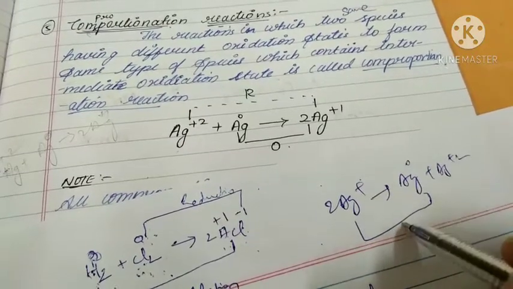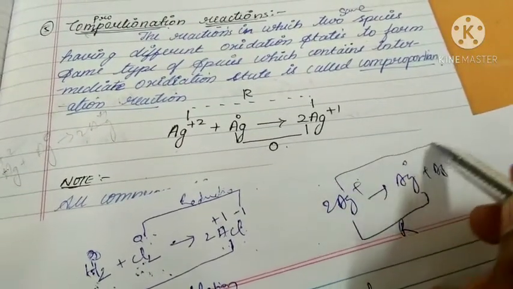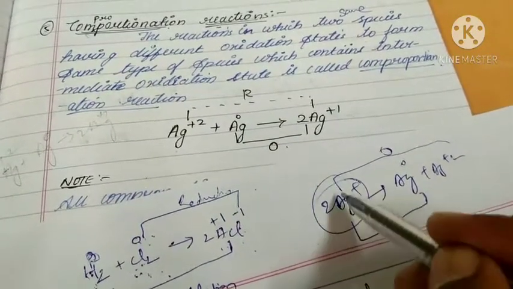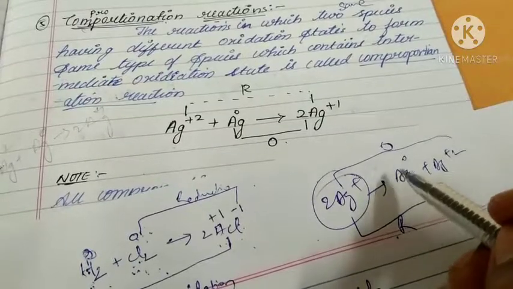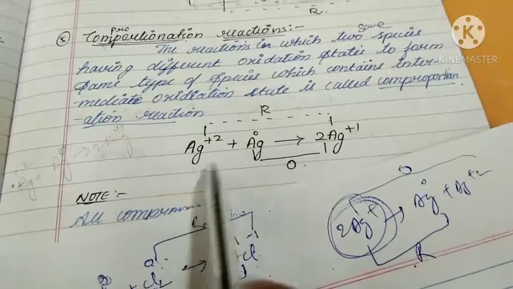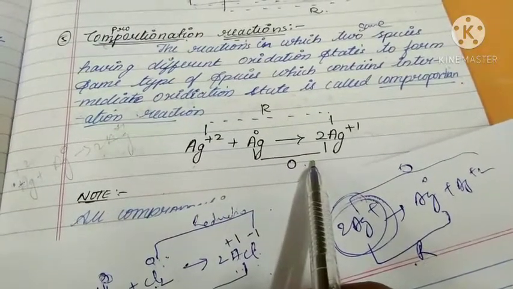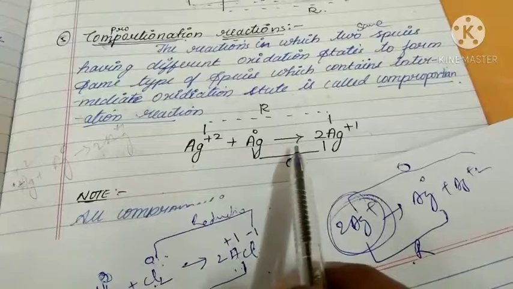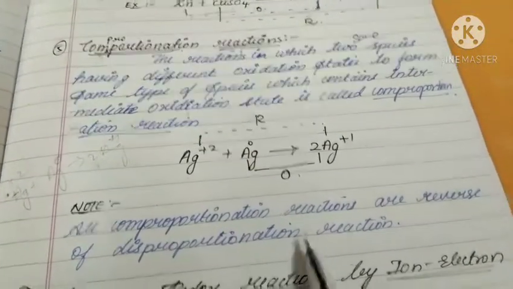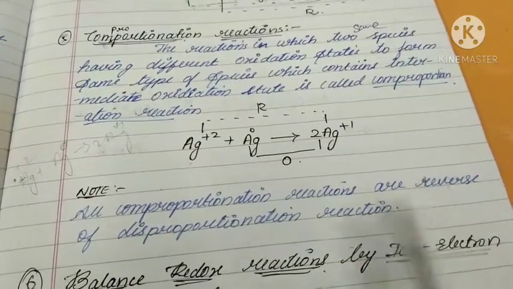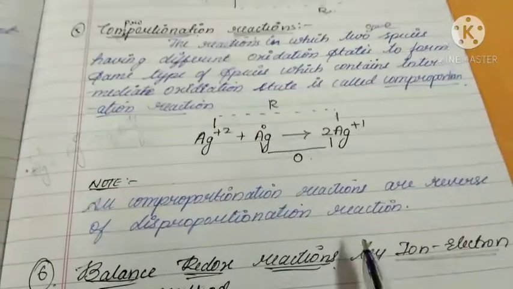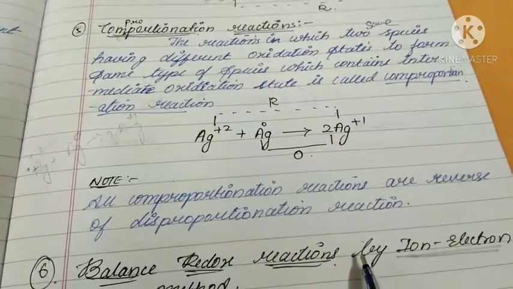Here +1 to 0 is reduction, and +1 to +2 is oxidation. In this reaction one element participated in both, so this is a disproportionation reaction. So the reverse of all comproportionation reactions are disproportionation reactions. So this is all about the types of redox reactions.